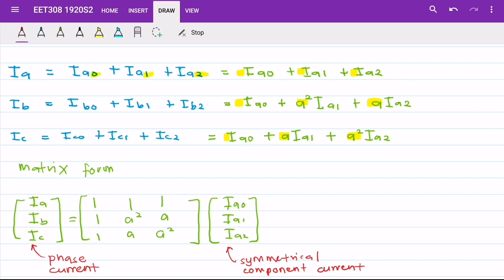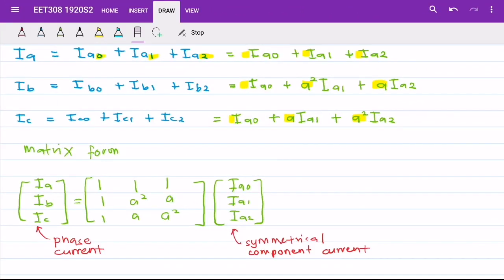How about if we need to identify the symmetrical component current if given the phase current values? We can use the same method, using the matrix form. If we want to calculate the value of the symmetrical component current, we can use the same matrix equation that we developed before.